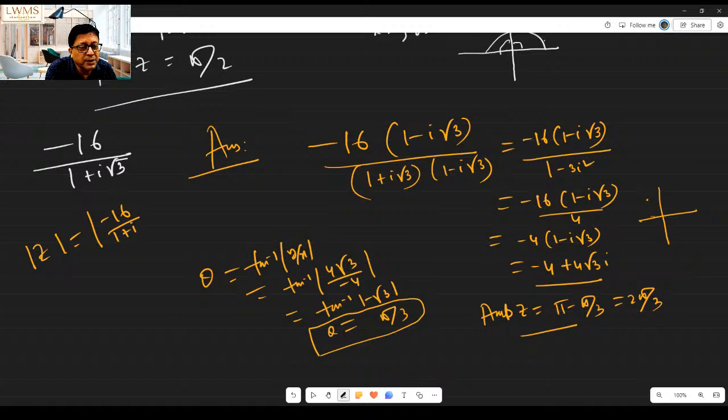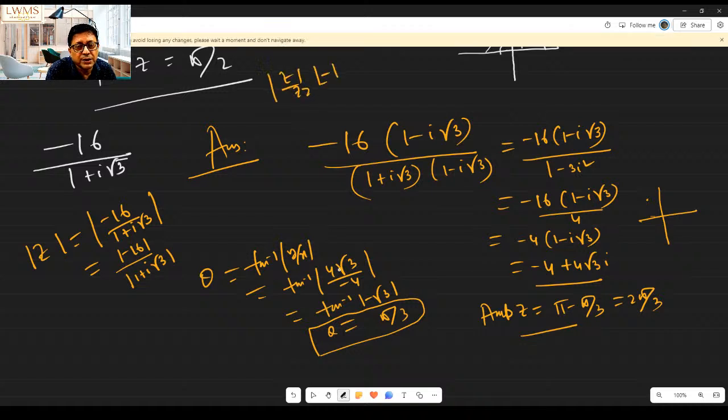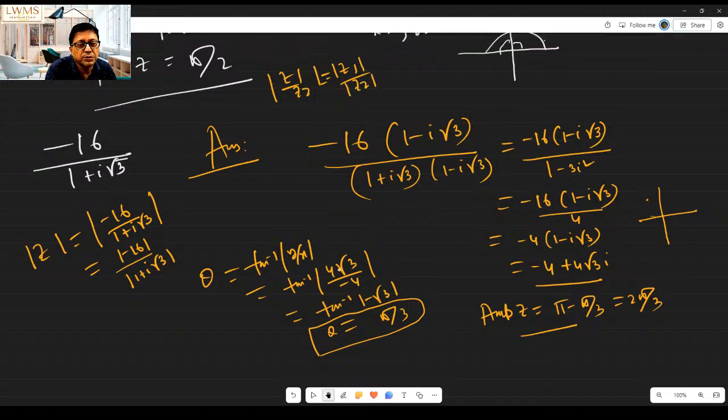This property we have learned in the last class. Modulus of numerator by modulus of denominator. Remember it? Mod z1 by z2 equal to mod z1 by mod z2. So this will be 16 by under root 1 plus 3. 16 by root 4, that is 8.